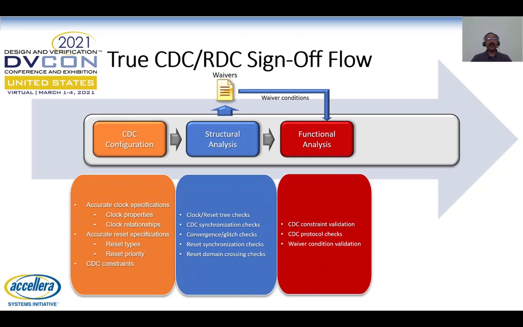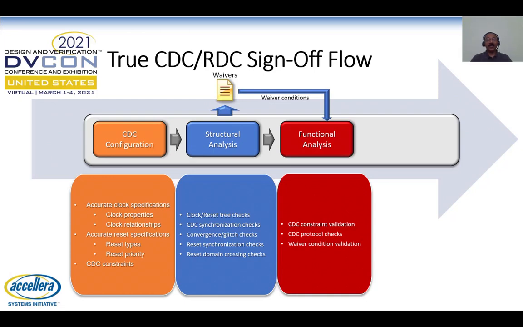Now, when we talk about functional analysis, as we have seen so far, there are CDC constraint validation, CDC protocol checks, and waiver condition validation, which are necessary. All the waivers that have been applied and the assumptions lying underneath must be verified in this step.